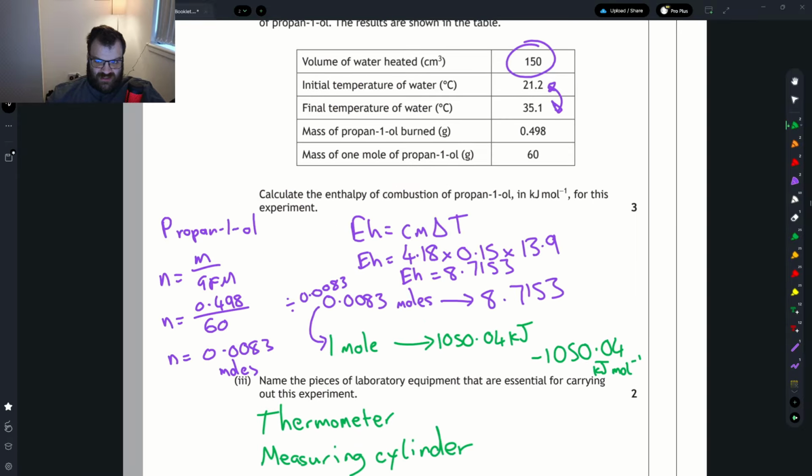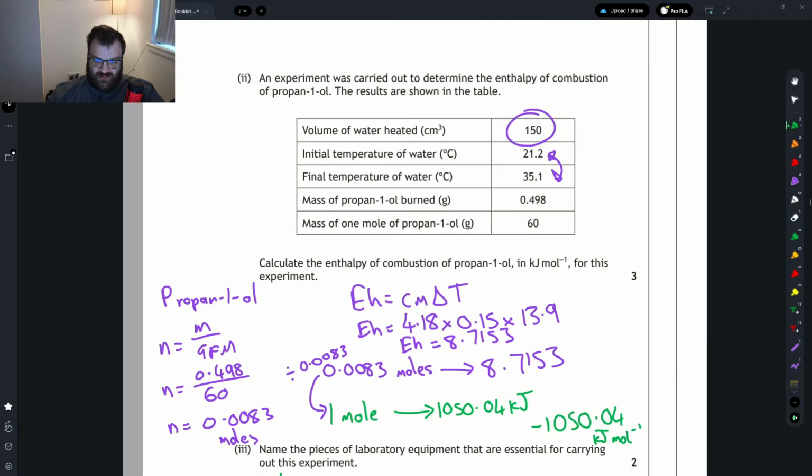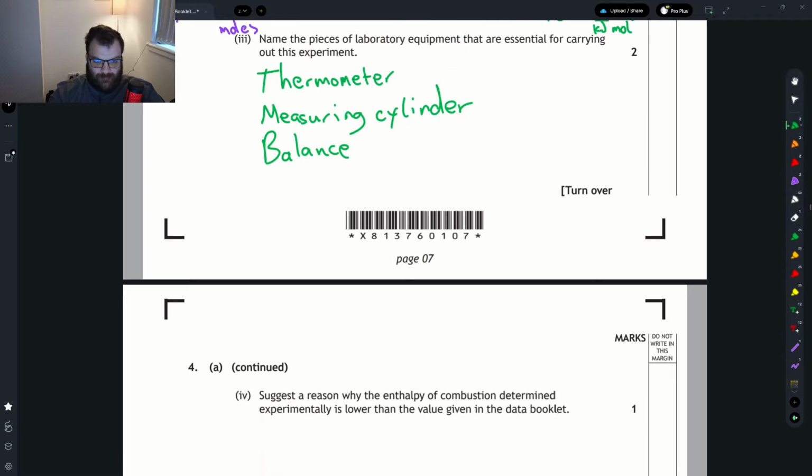We're measuring the masses, so we need a balance to measure the mass. We're going to put the water in a metal beaker. Now, I'm thinking back, I don't know what you use in your school, but an empty, cleaned out tin of beans or a can would work as well. Something metallic conducts the heat better.